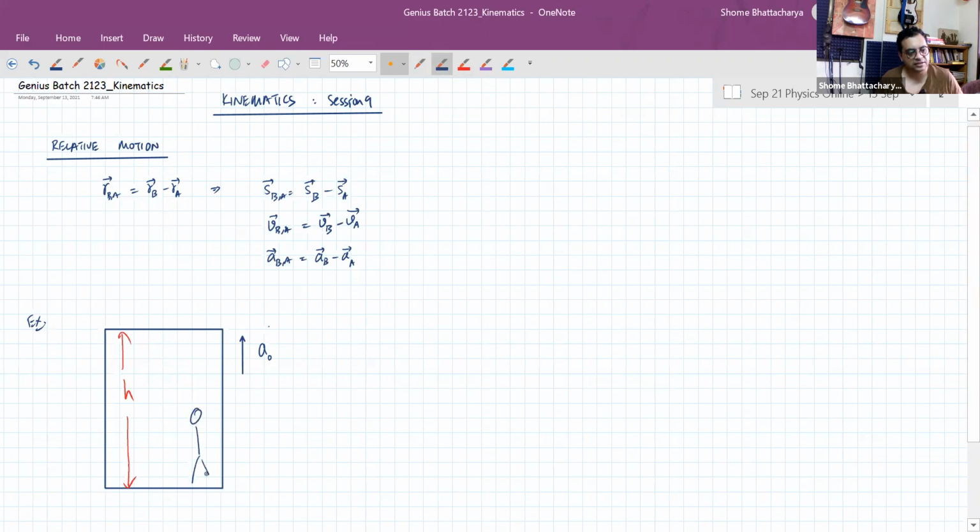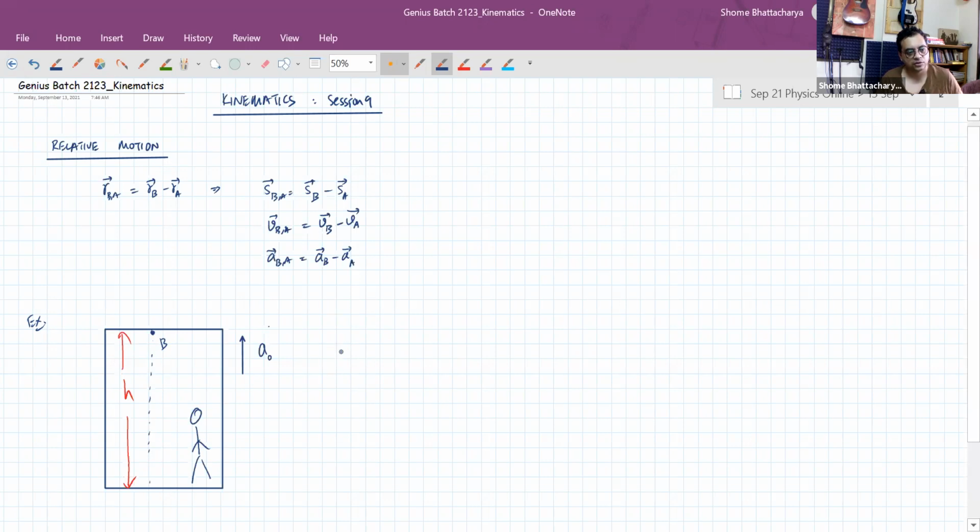Now, there's a person inside the elevator, and what he observes is that there is a screw or a bolt, let's say B, which comes off the ceiling and eventually comes and hits the floor.